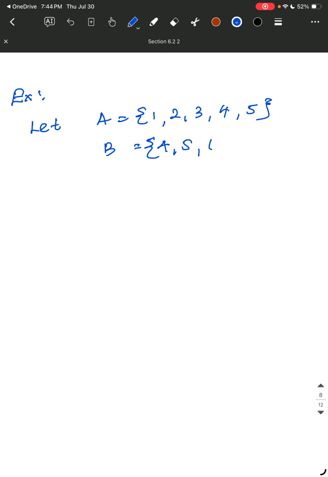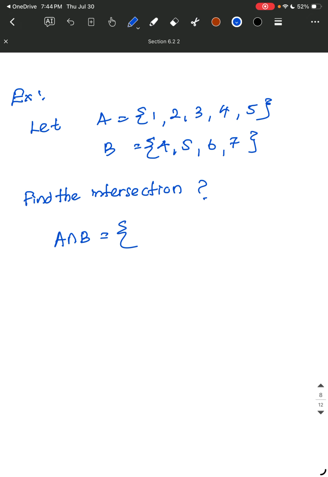First find the intersection, A intersection B. The set contains the common elements 4 and 5, just 2.